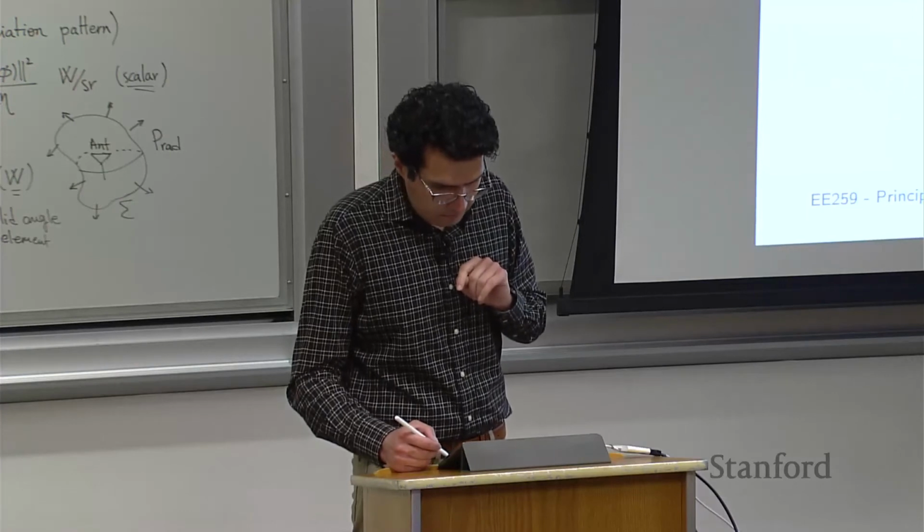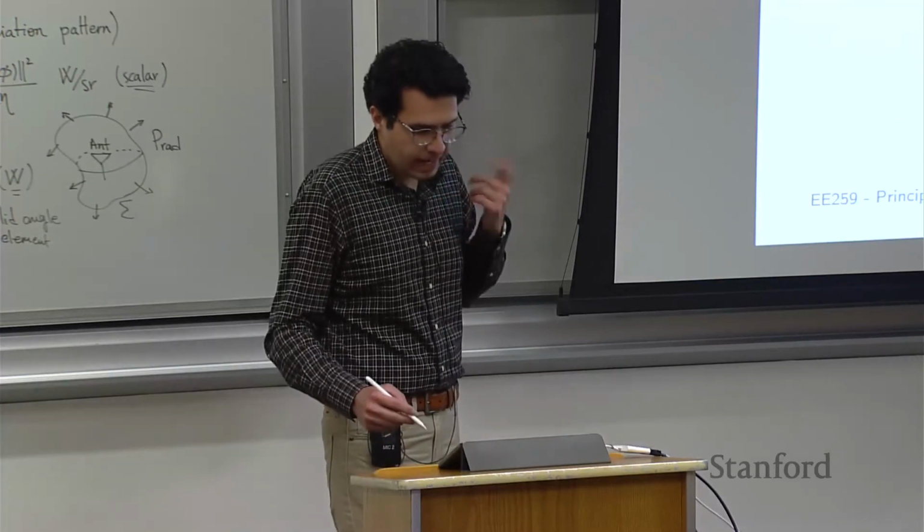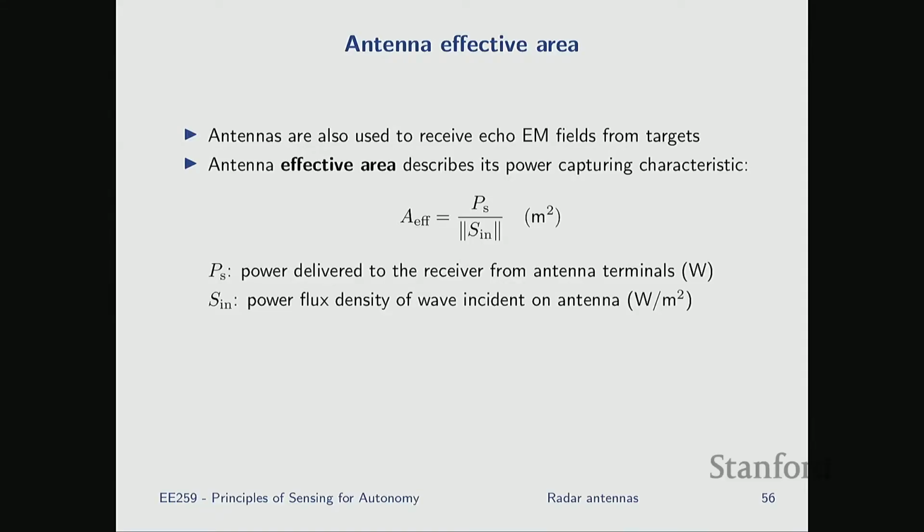Okay. So the last thing about antennas: everything we talked about so far was about antennas as transmitters, right? We were just talking about the radiation pattern and how the power is distributed. But antennas can also act as receivers. There's one important parameter that captures the effectiveness of the antenna as a receiver, and that is called the effective area of the antenna.